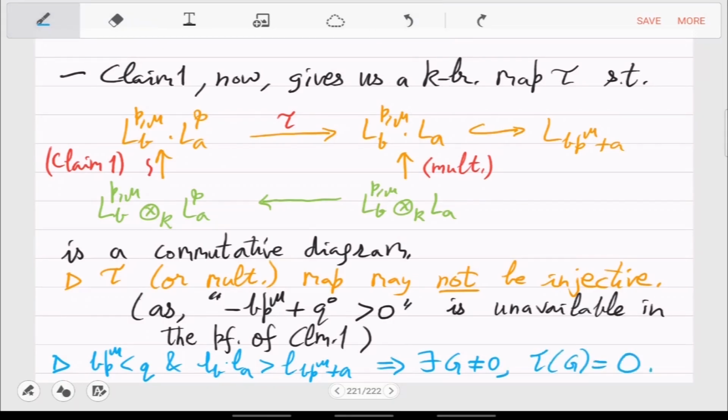Okay, yeah, that was fine. Implicitly, G is in the first vector space, and its image is 0, so it's in the kernel of tau.